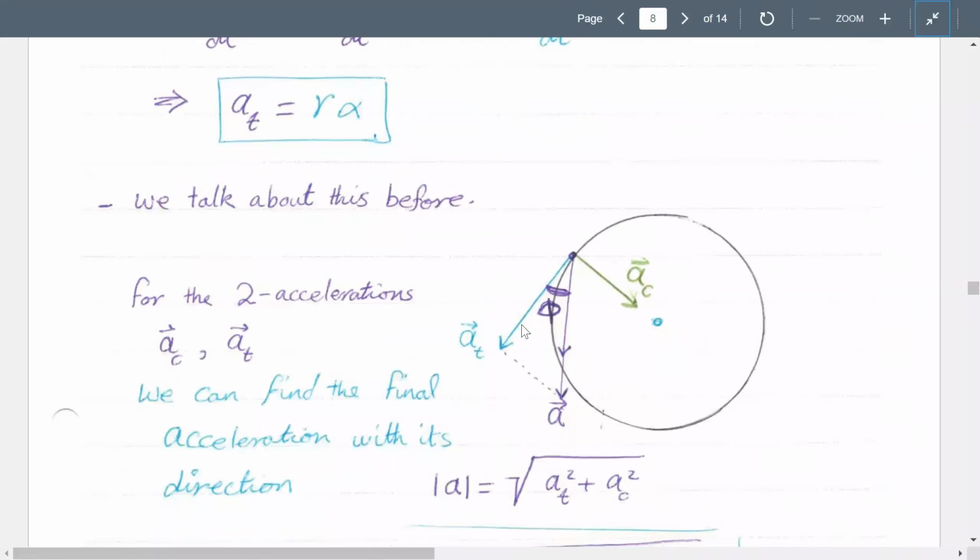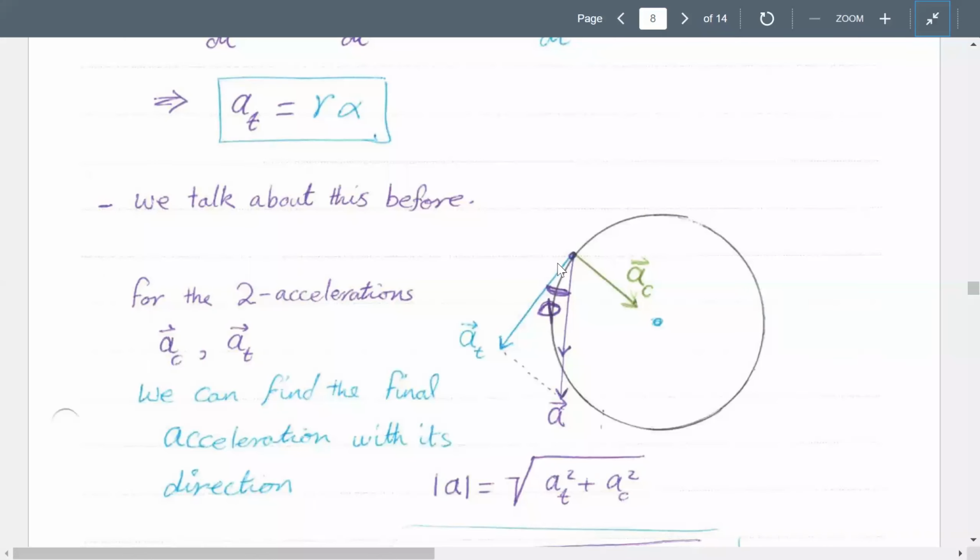But if we have two accelerations, they are vectors. Then we have a resultant acceleration. We can find it because the radial one is directed to the center and the other one is tangential.